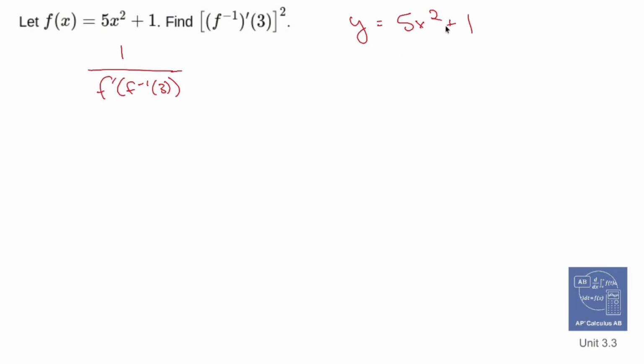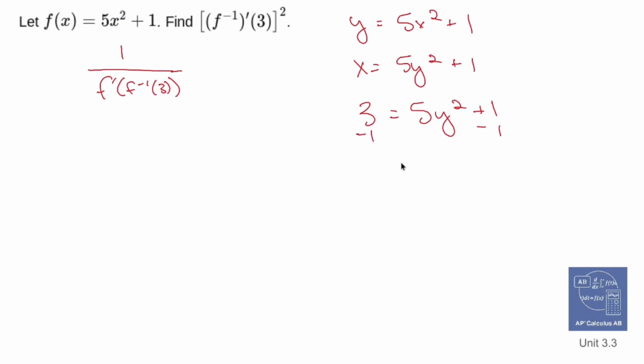I'm going to do the old switcheroo and swap these, so x equals 5y squared plus 1. I'm going to plug in 3 for x, so 3 equals 5y squared plus 1.